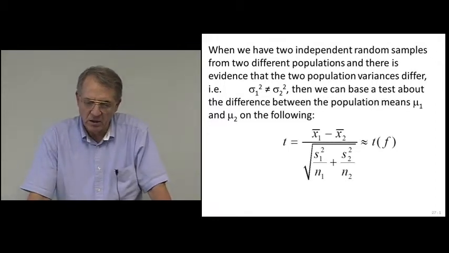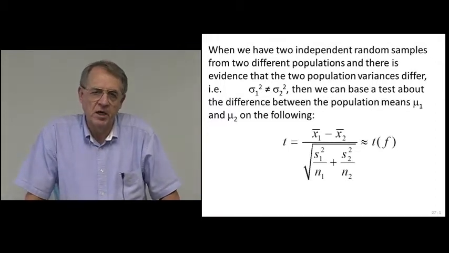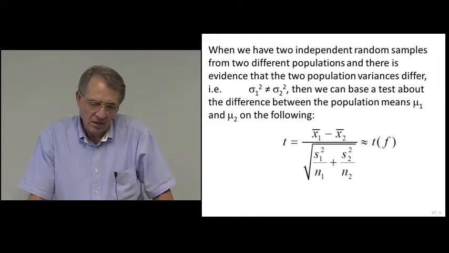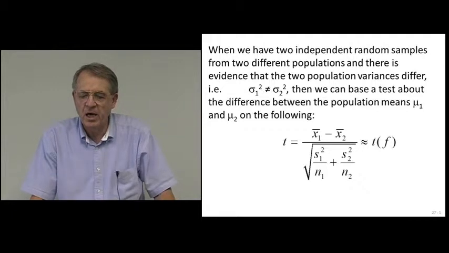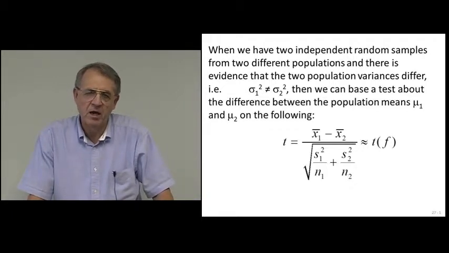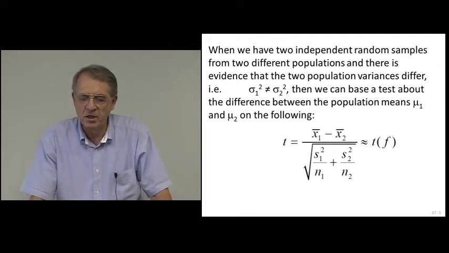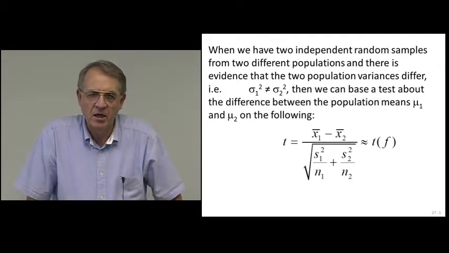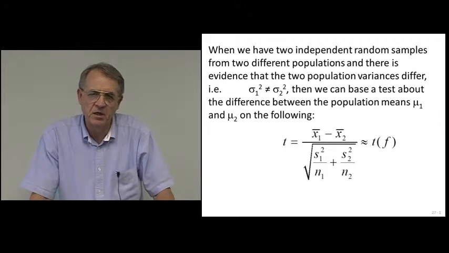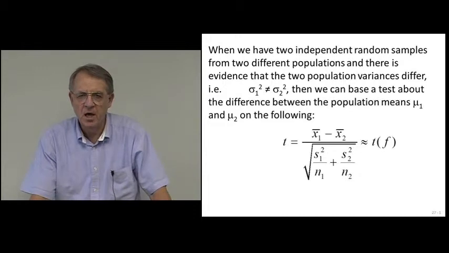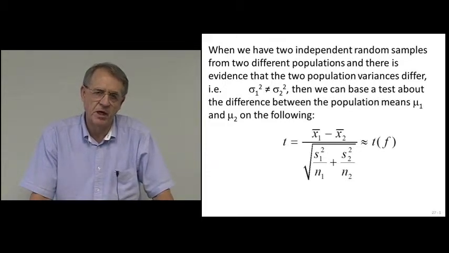Well, in different textbooks there are two different ways of handling this situation, because we need to make an adjustment. In some texts, the adjustment is made by calculating a slightly different test statistic. In others, the adjustment is made by calculating different degrees of freedom than the one you would get by simply adding up the degrees of freedom for sample 1 plus the degrees of freedom for sample 2.